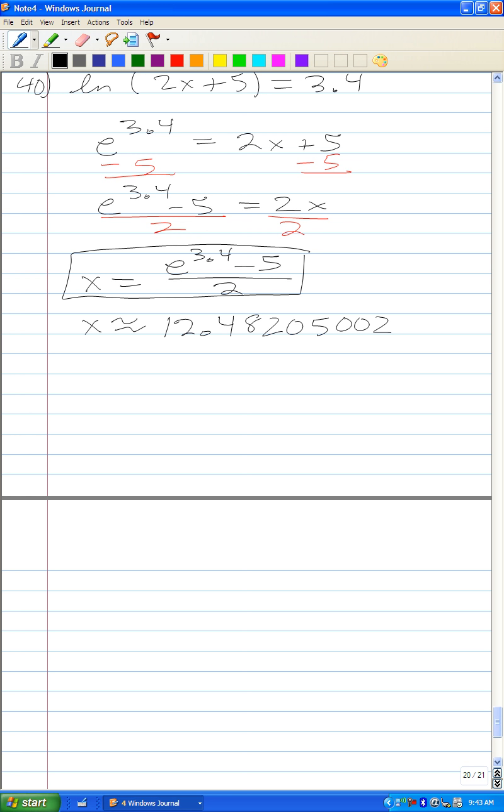And so to 4 decimal places, this is 12.4821, since the next digit 5 is greater than or equal to 5, so I'll round up to 1. And that is your answer. Let me do problem number 54.